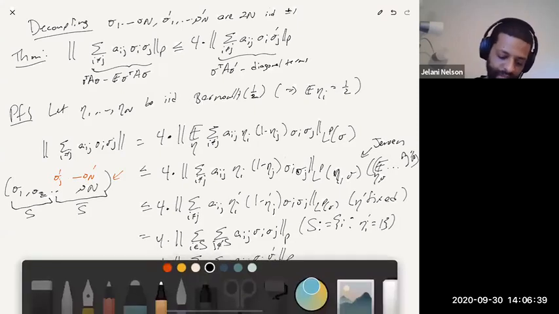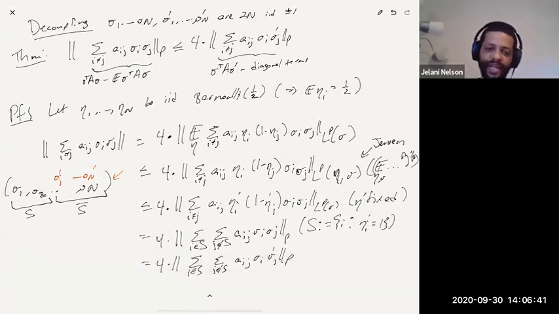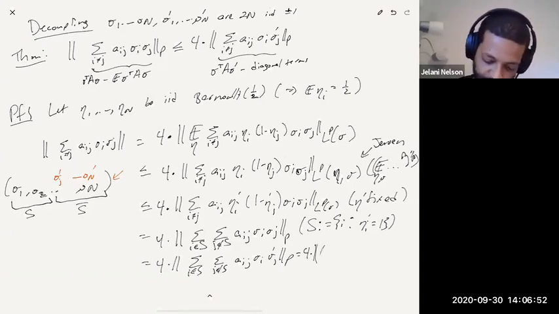And now I'm going to do something funny, which is I'm going to add 0 in a funny way. I'm going to say, look, this thing is equal to 4 times the norm of, let's say, the expectation over sigma not in S, of the expectation over sigma prime in S, of the sum.